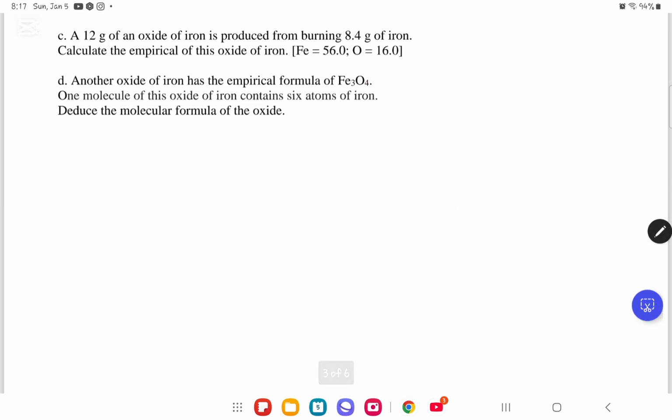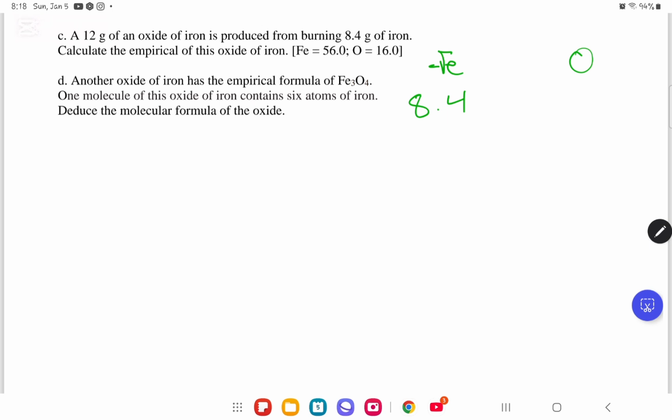12 grams of an oxide of iron is produced from burning 8.4 grams of iron. They need us to calculate the empirical formula of this oxide of iron. So an oxide of iron is made out of Fe and O, oxygen. Okay, so we know the mass of iron that is burned, it is 8.4.